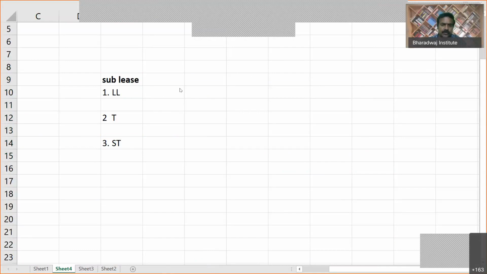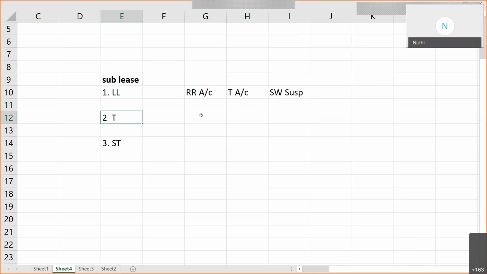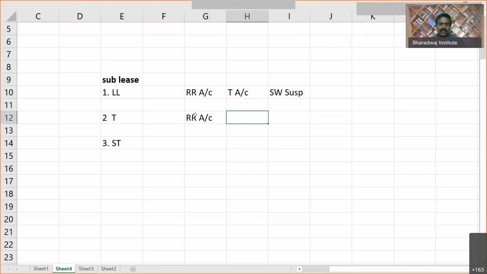So if you look at the landlord, he will maintain three accounts: royalty receivable account, tenant's account, and short working suspense account. The tenant has to first receive the royalty. He will maintain royalty receivable account, subtenant account, short working suspense account.